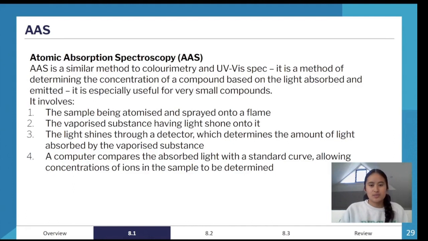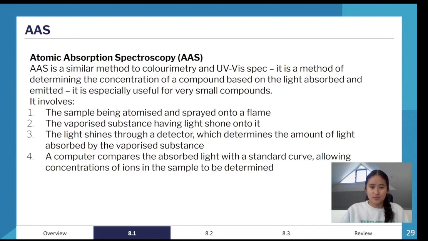So the steps that it involves are, first off, the sample is vaporized, and then once it's vaporized, it has a cathode lamp light shone into it, and this goes to a detector, and this determines the amount of light absorbed by that vaporized substance. Then after this, it goes into a computer, which does all the tricky stuff.